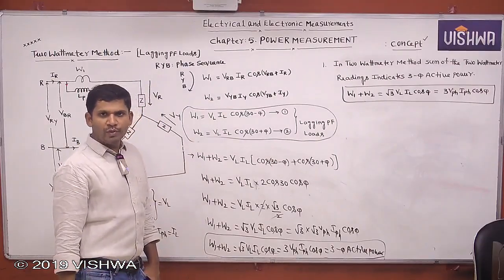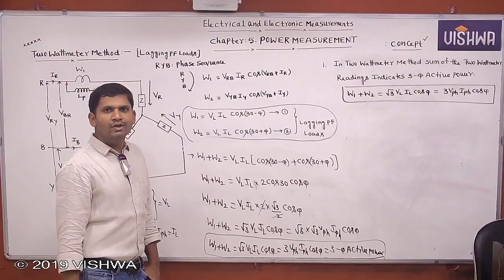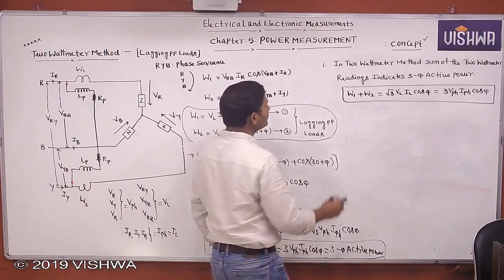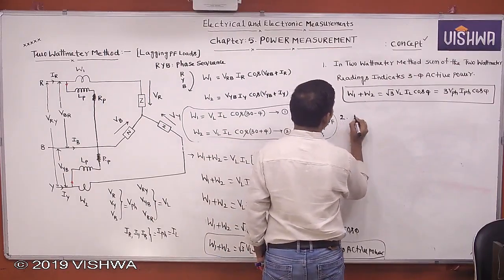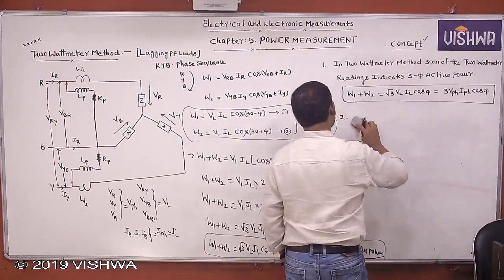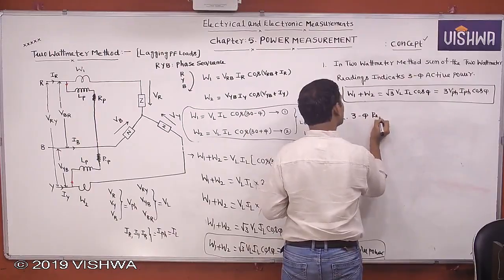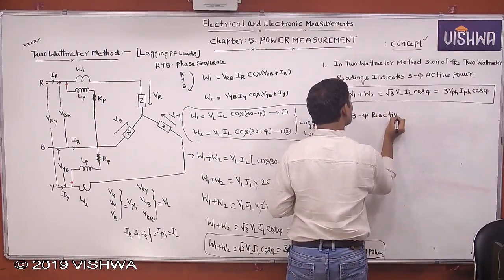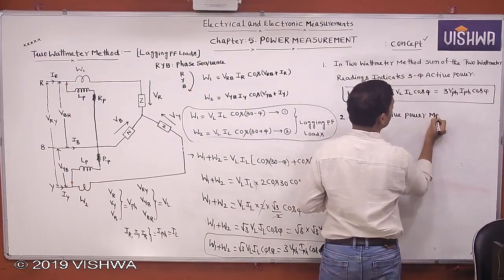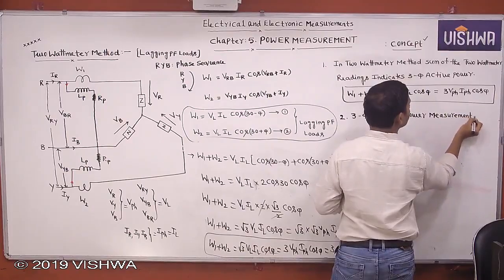One more point to remember: the 2 wattmeter method is not only for active power measurement, it is also used for 3 phase reactive power measurement using the 2 wattmeter method.